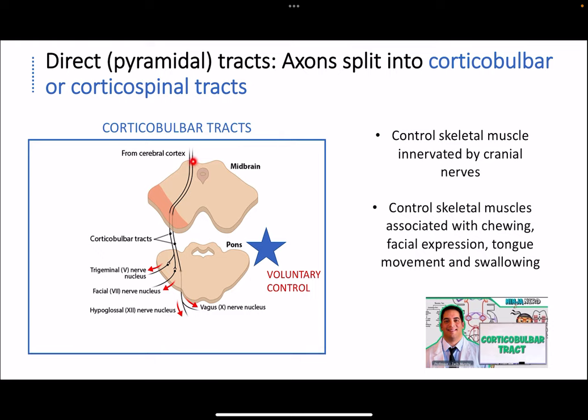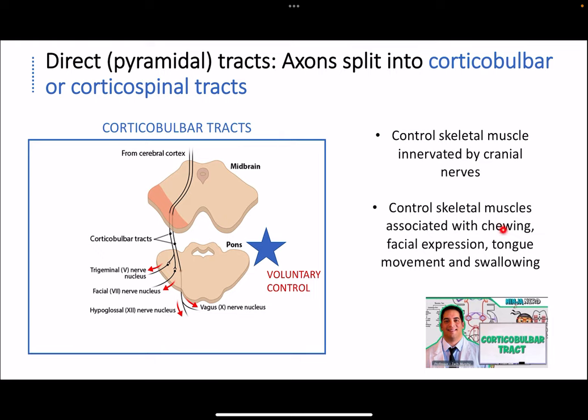So again, here's our upper motor neuron with the corticobulbar tract, and then they send onto these lower motor neurons, and these go out to muscles of the head, face, neck, things like that, right? So going to trigeminal nerve, facial nerve, so masticatory muscles, facial expression muscles, hypoglossal for the tongue muscles, vagus nerve for muscles in the larynx, maybe cranial nerve 11 for spinal accessory to move the shoulders, shrug the shoulders, turn the neck, or turn the head in the neck, things like that, right?